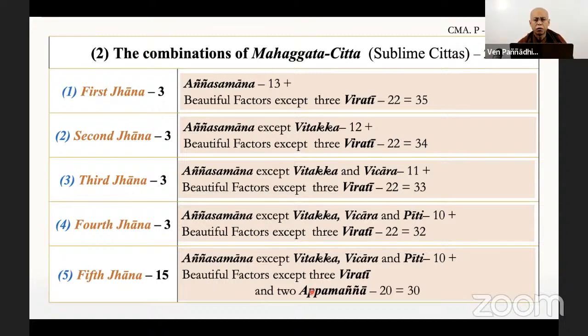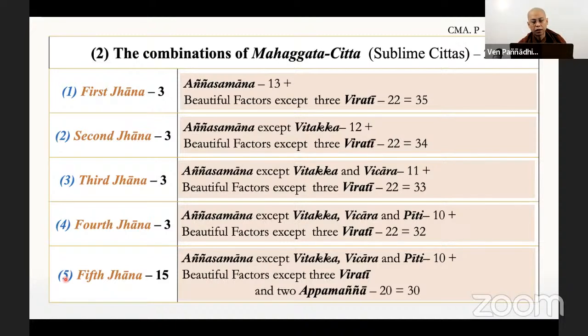they need the support of Somanassa feeling. That is why these meditation methods can give rise only up to the 4th jhana. They cannot give rise to the 5th jhana, because in the 5th jhana they cannot get the support of Somanassa feeling.